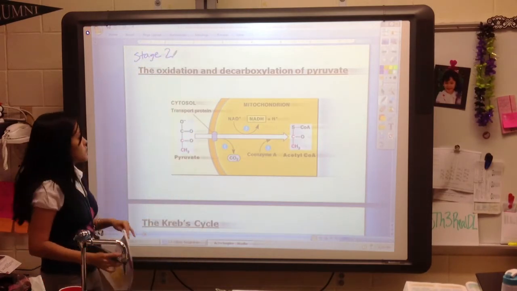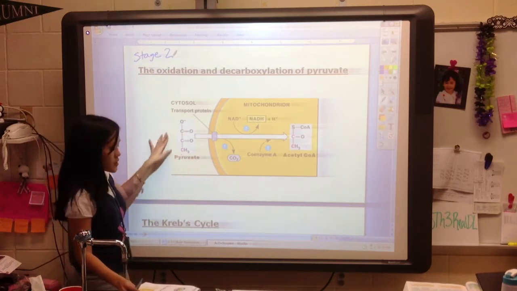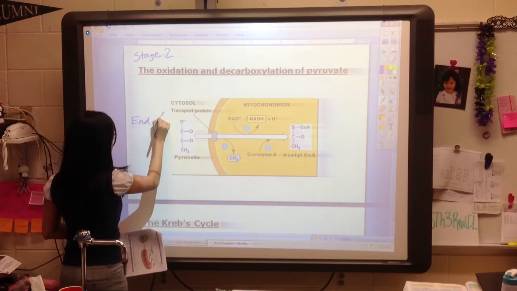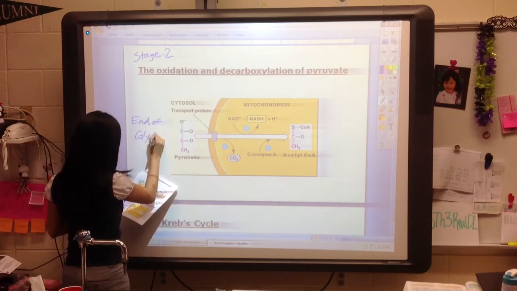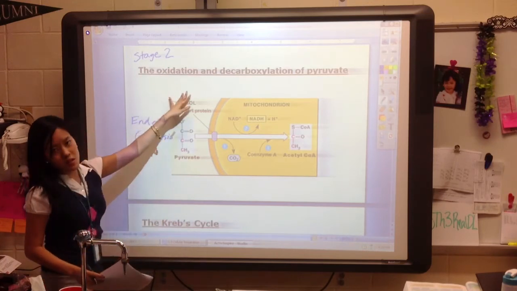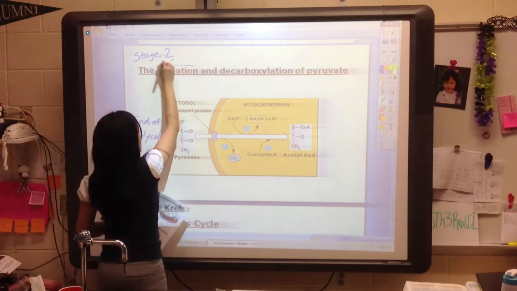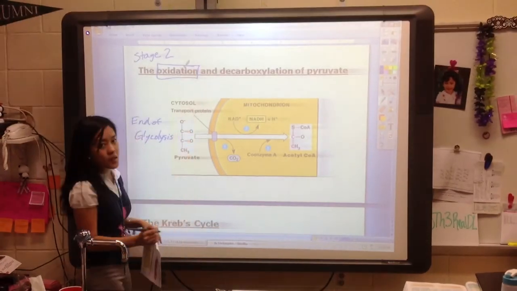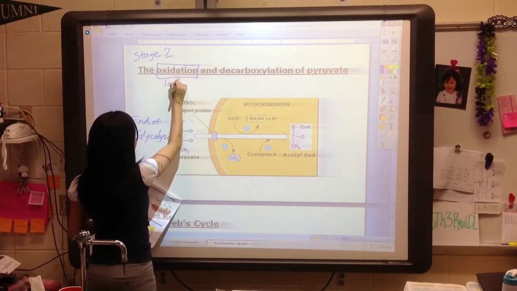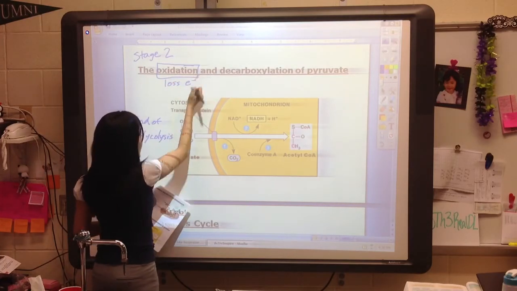of respiration. What's happening here is this is our pyruvate, and let's remember that this is what's produced at the end of glycolysis. Some things to notice in our title here. We have oxidation. What does oxidation mean? Hopefully you remember that this is the removal or the loss of our electrons.